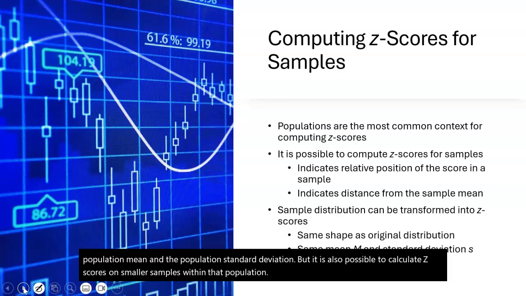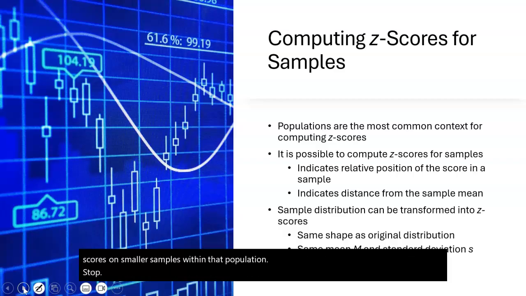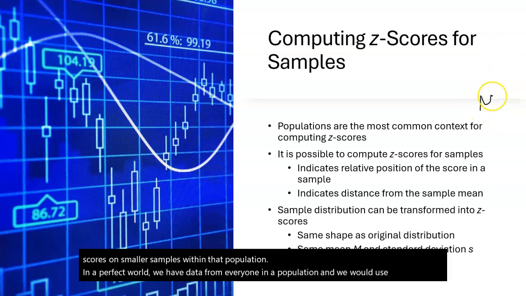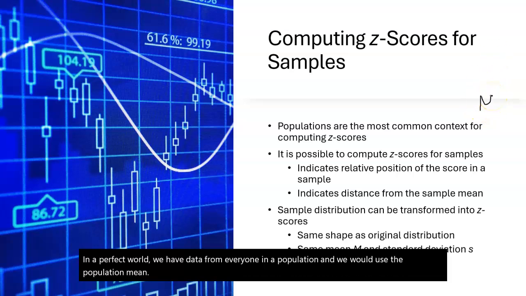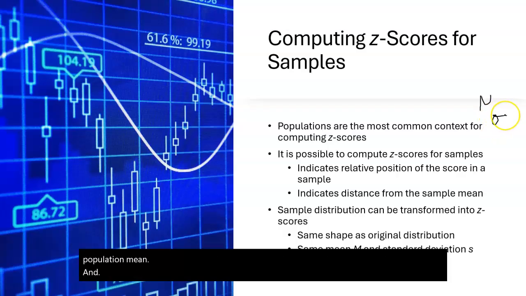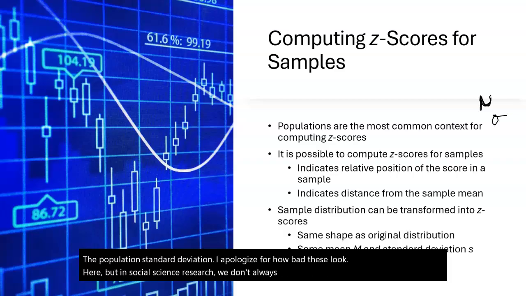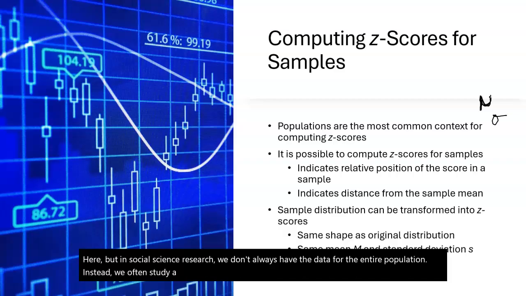So, in a perfect world, we have data from everyone in a population, and we would use the population mean and the population standard deviation. But in social science research, we don't always have the data for the entire population. Instead, we often study a smaller group called a sample, which you should know by now.